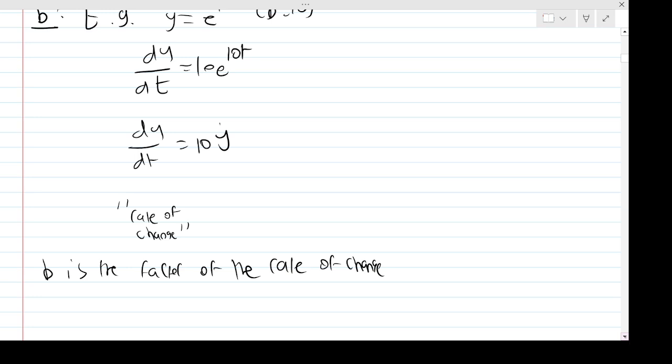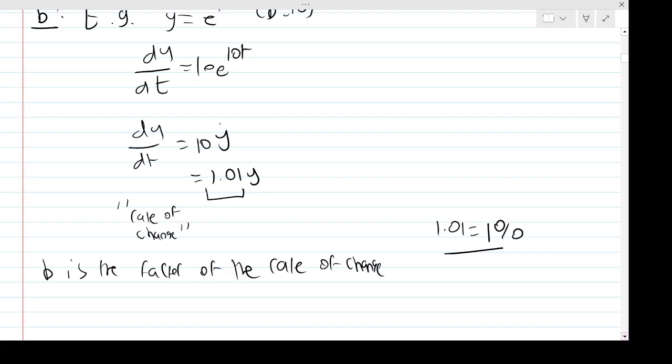Or for example, let's say we had 1.01y. Now 1.01 is 1% as a percentage. So if it's 1.01y, let's say that represents a car or something precious, the value is increasing by 1% every day or every year or whatever it is.